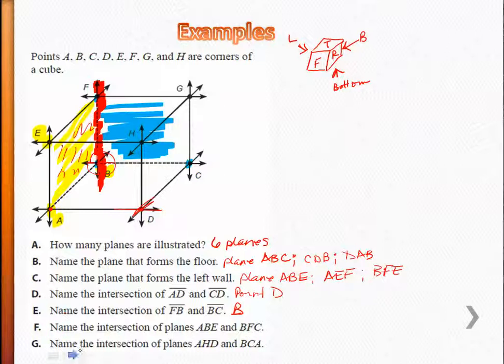So looky right there. I just highlighted it in red so we'd be able to see it really clear. So the intersection of those two planes is going to be line BF, or you could name it FB. Now don't forget, when you're doing this naming, don't forget the symbols. You've got to have that little line on top of the letters to let me know that it's definitely a line.